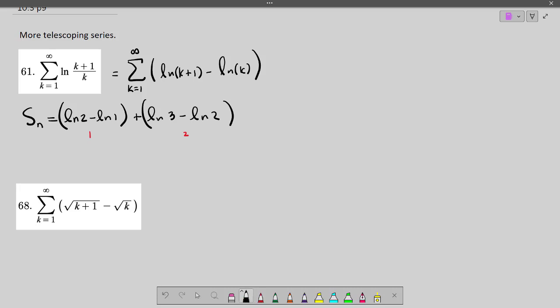Let's go to k equals 3. So when k is 3, we'll have ln 4 minus ln 3. And we'll go one more term on the front end. So this is going to be when k is equal to 4. So we'll have ln 5 minus ln 4. So these corresponding k values we'll just put down below just so we can keep track. So those are the k's.